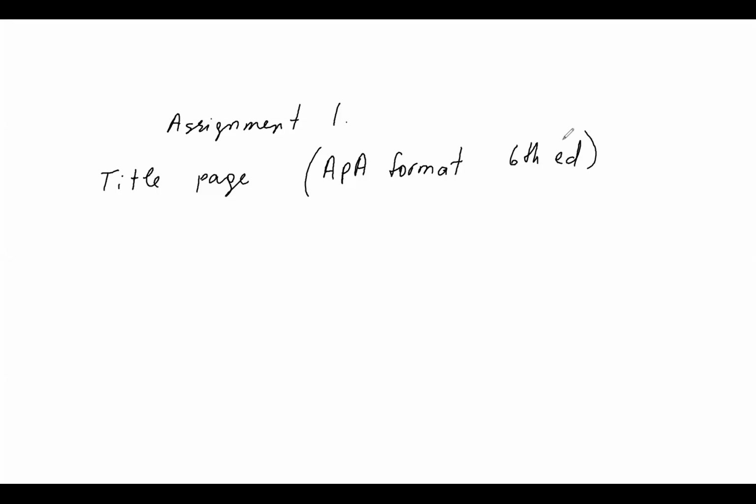So that's not a problem statement, that's the topic. A topic in a title page can go up to 10 words. I think all of that is specified by the APA format title page.